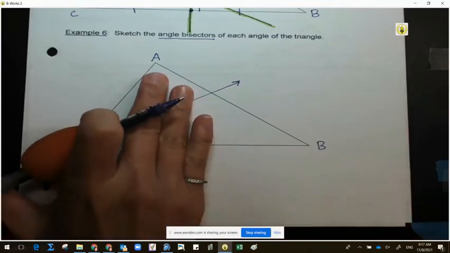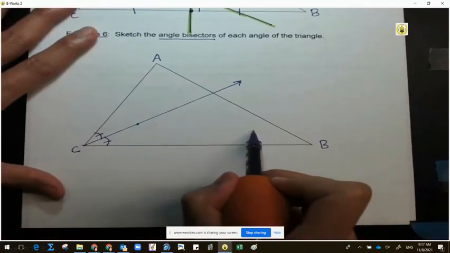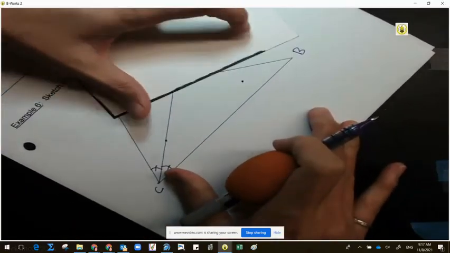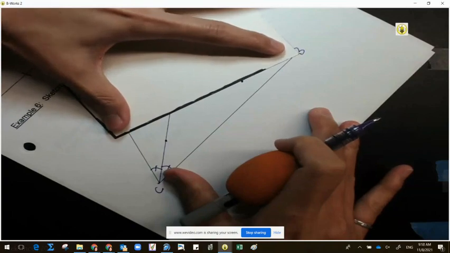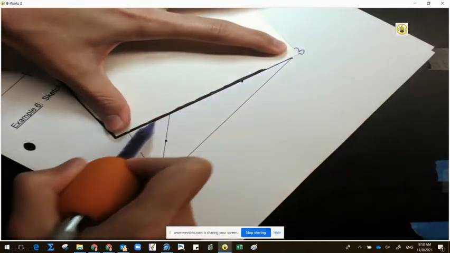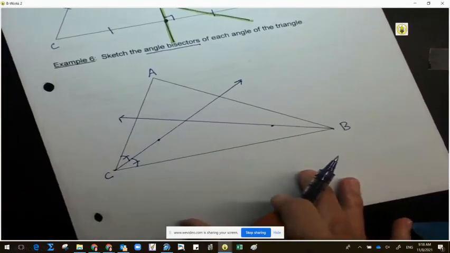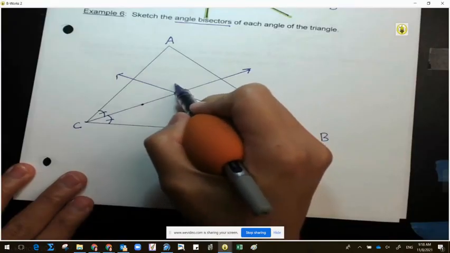The next one. I can use A or B. I think I'm just going to go ahead and stick with the B. Just pinpoint where the angle bisector might be. It's about right here. And again, let's call that point D.